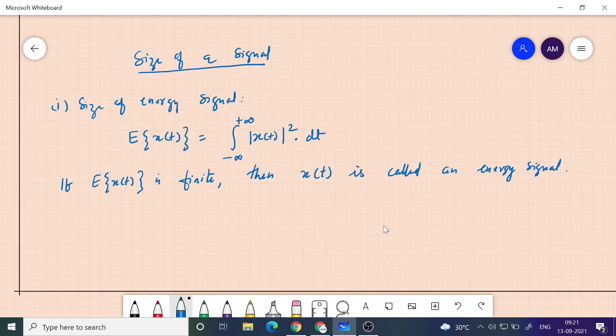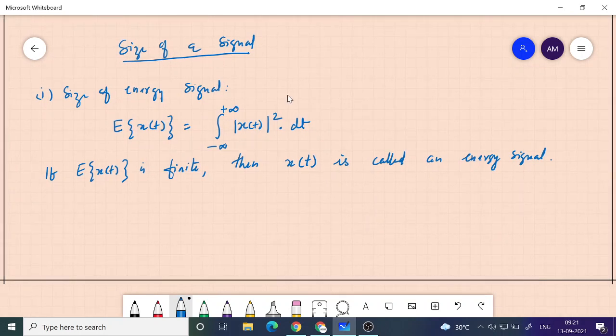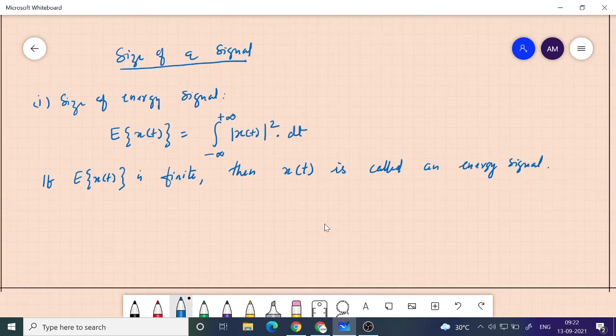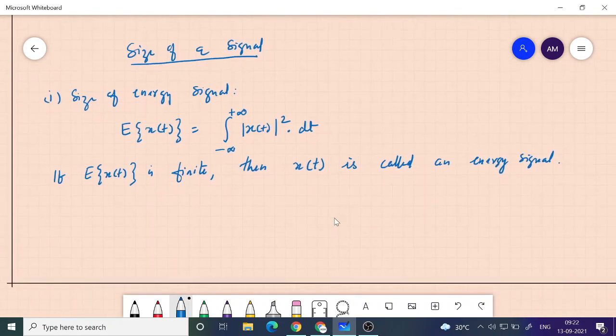If it is infinite, that means if this integral doesn't converge and we are not able to find its value, then it is no longer an energy signal. That is why I said this formula is useful in finding the energy of an energy signal. Energy signals are those signals for which this integral will converge and give you a finite answer. So every signal you can't do this.